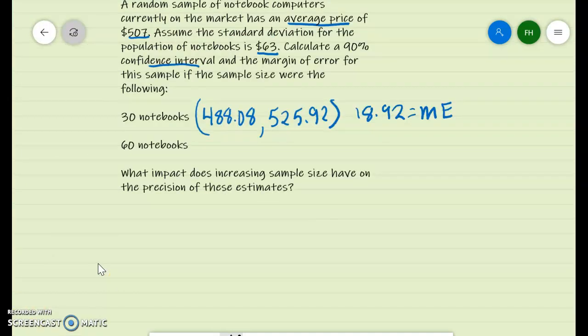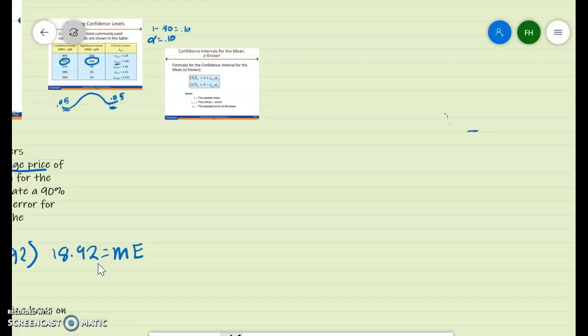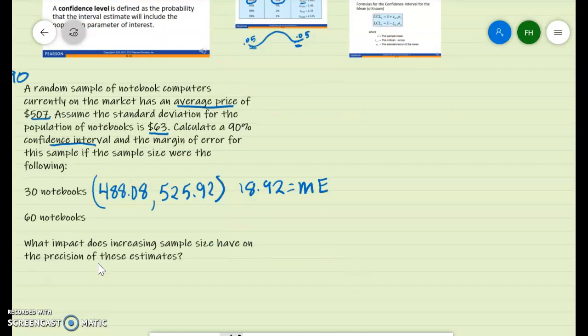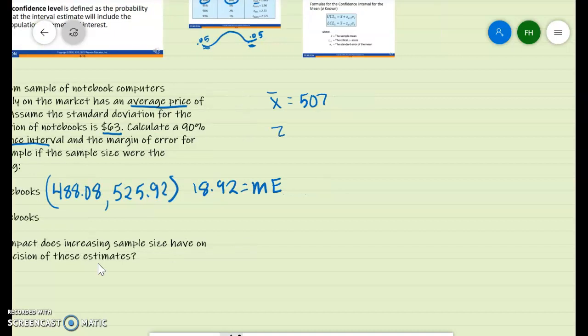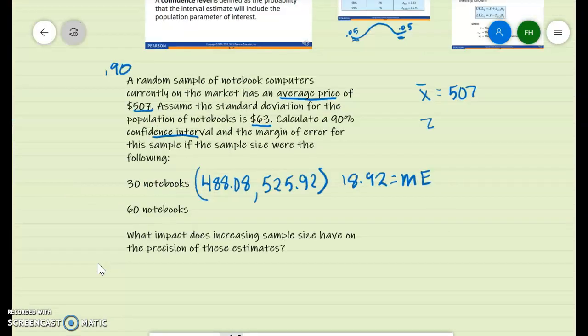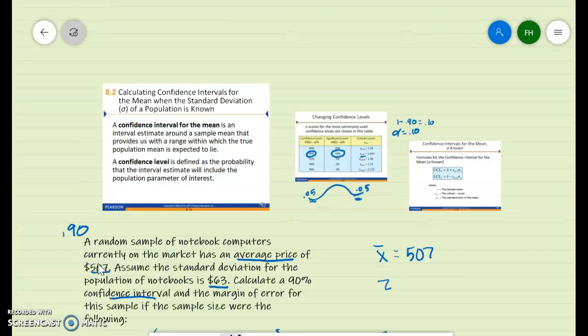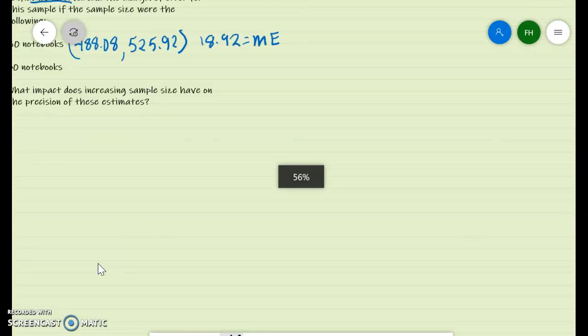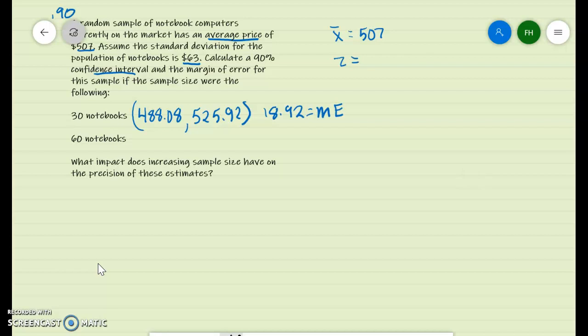So let's do that quickly. If I can get my notebook to cooperate here. Still a 90% confidence interval, still the same mean. So our Z is 1.645, but our standard error of the mean would change.